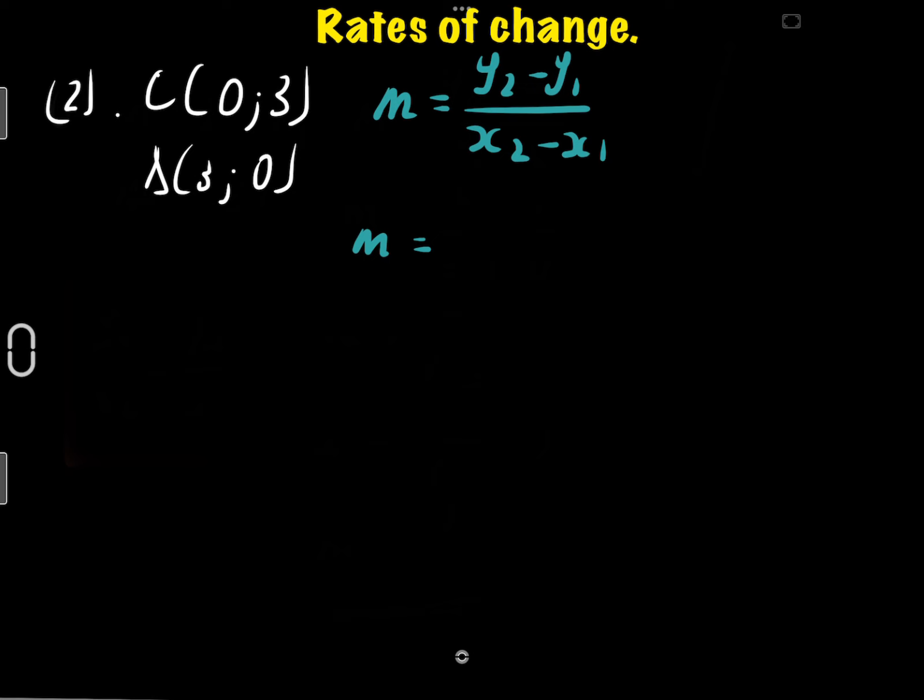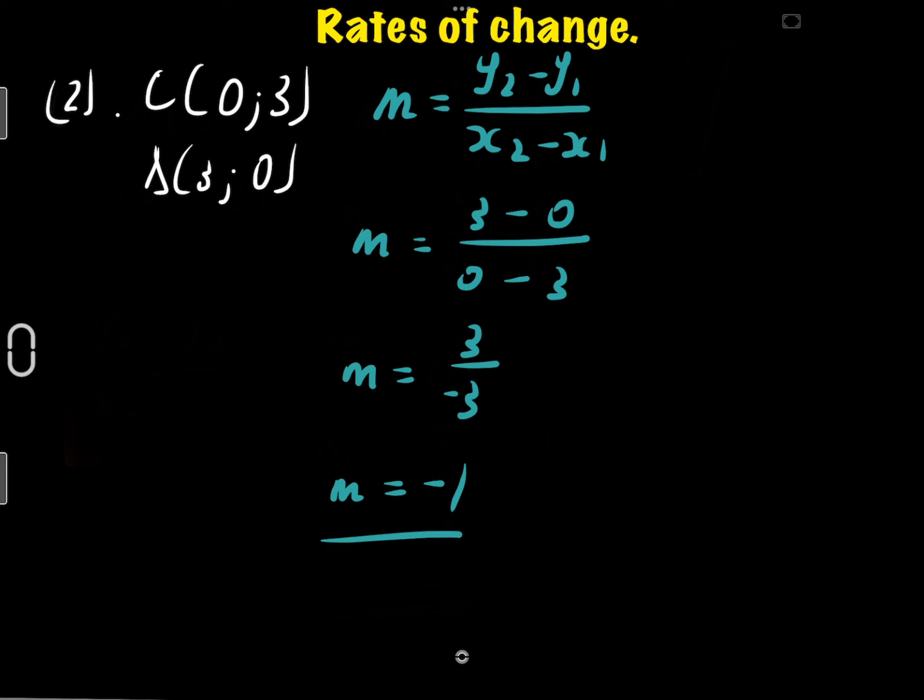By substitution, we have 3 minus 0 divided by 0 minus 3. 3 minus 0 gives us 3. 0 minus 3 is -3. So positive divided by negative gives us negative. 3 divided by 3 gives us 1. So the gradient is -1 for these 2 coordinates.